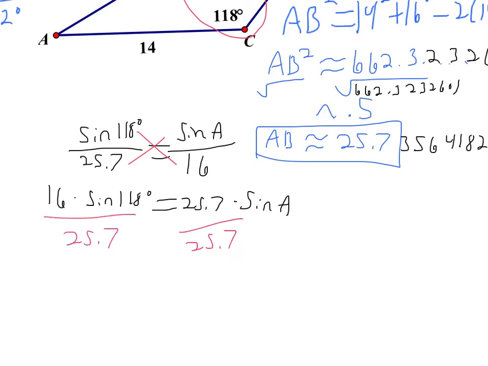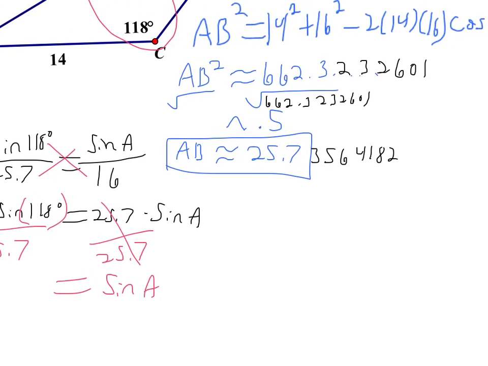Alright, so when you type this in the calculator, the first part you can just type in as normal, 16 times sine of 118, close the parentheses, right? But then, how are you going to divide by 25.7? What I don't want you to do is just press divided by 25.7. Because that 25.7 number is a rounded number, and we want all of the digits behind it. So, you could just type in all of the digits if you wrote them down, like we did over here.